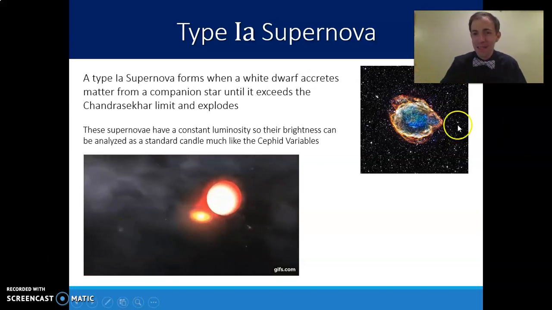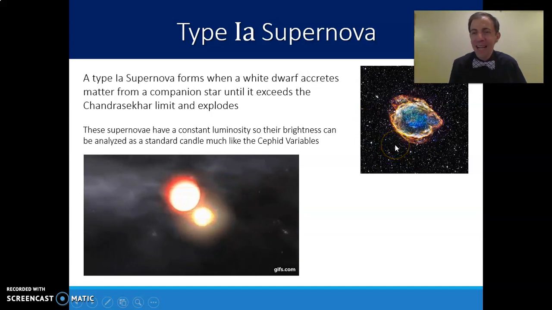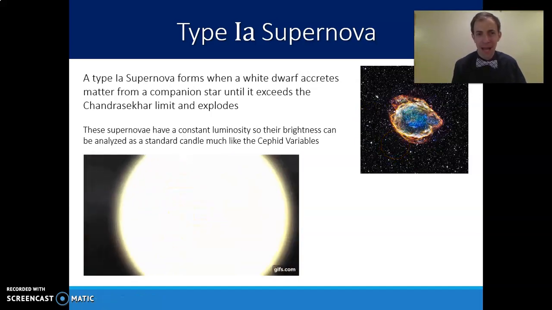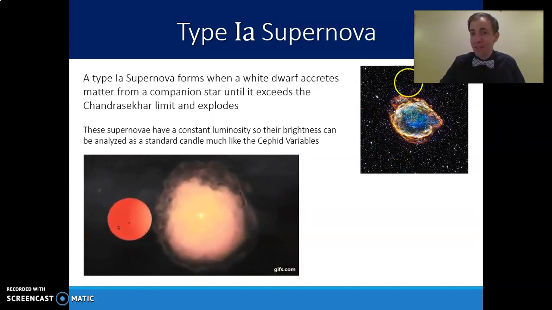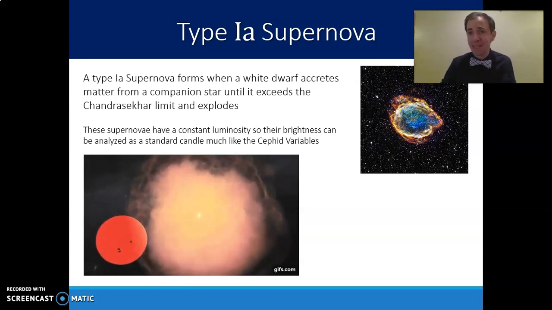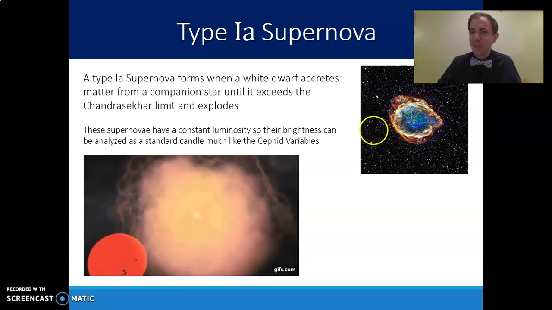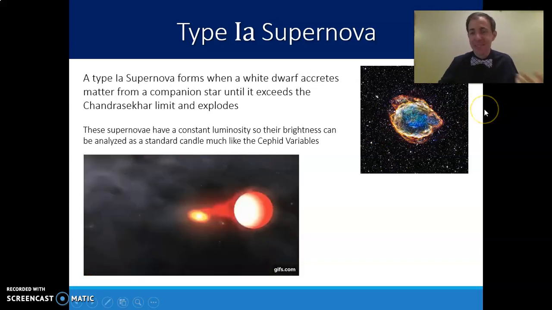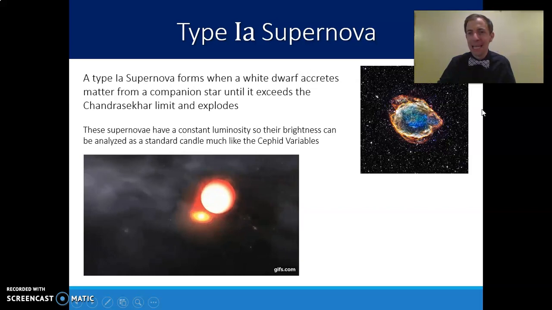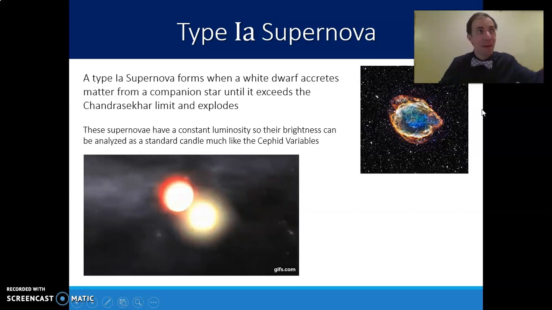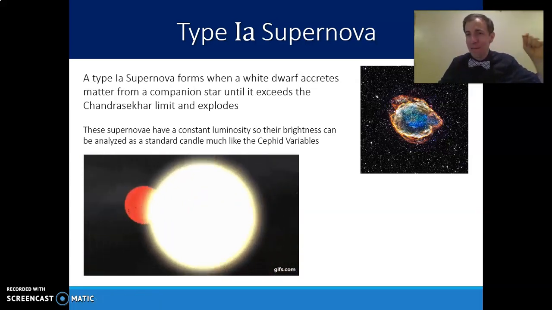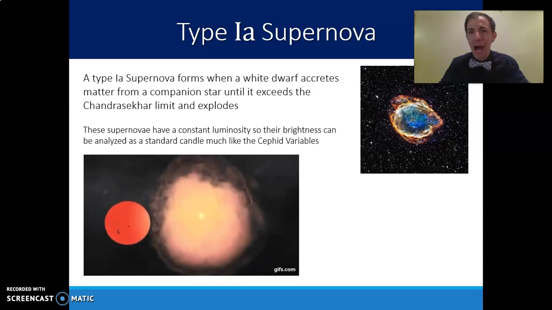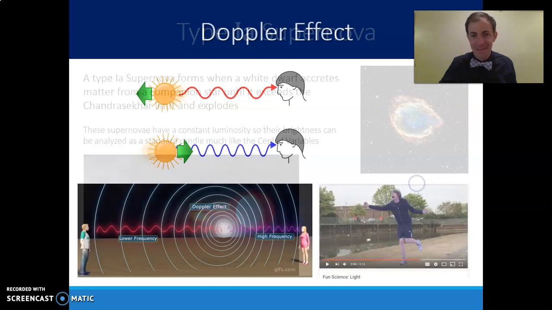So that means that this explosion that happens is exactly the same every single time. And we've observed this happening many, many different places throughout the universe. And since it is always the same, it is a known luminosity. And as we saw with the Cepheid variable, if you know the luminosity and you can measure the brightness from Earth, you can, from that measurement, figure out how far away this object is.